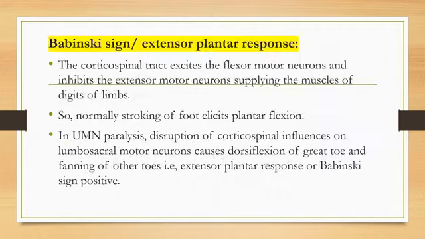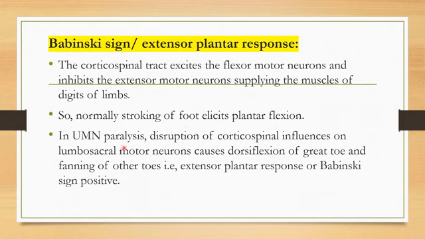The corticospinal tract normally excites the flexor motor neurons and inhibits the extensor motor neurons supplying the muscles of the digits of the limb. So it applies to any muscle: it excites the flexor and inhibits the extensor. Normally if the corticospinal tract is activated, it should cause flexion movement. So normally stroking of the foot elicits plantar flexion.